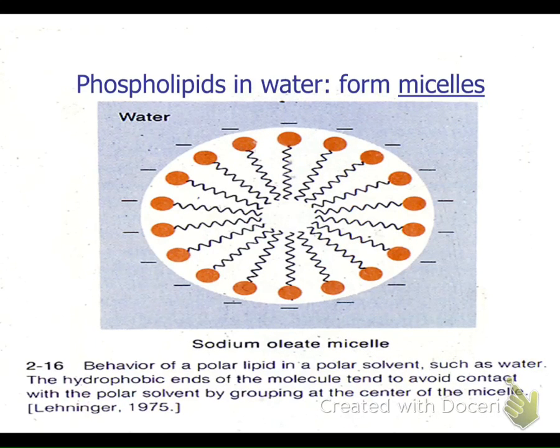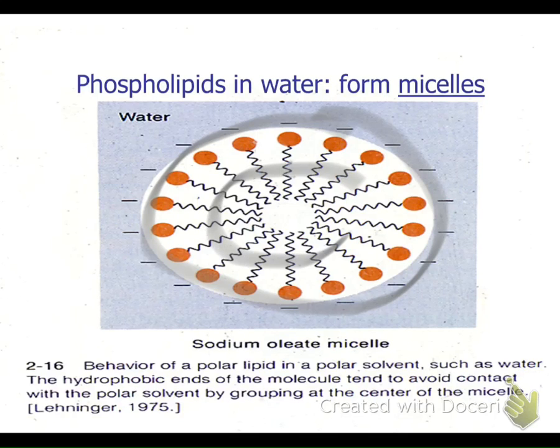If I went to Walmart and I bought some of these phospholipids, and I could see them, and I just dropped them into a beaker of water, they would have the opportunity perhaps also of setting up themselves like this. And all I'm showing you is that these molecules are going to associate themselves away from water. So all of those hydrophobic tails are going to create a sphere on the inside.